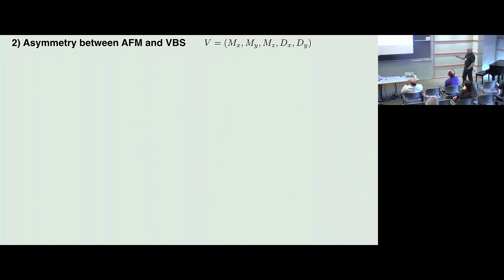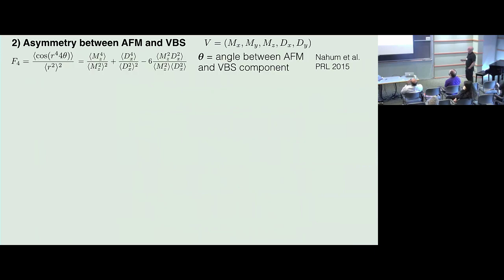So this is our SO5 type order parameter, and now we can follow Nahum et al. and use one of the quantities they used to argue for SO5 in the loop model. This is basically a similar quantity, but there's an R here, which is the length of the vector. But it probes the same kind of angular dependence. But now this is the angle between one component, let's say mz of the Néel, and one component like dx of the VBS.